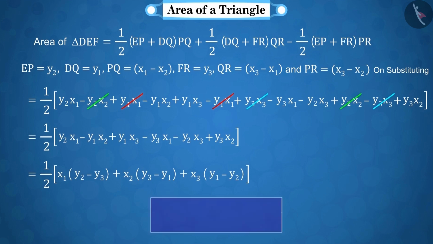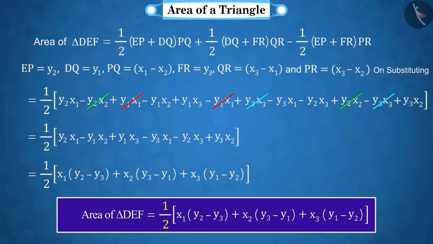On solving it, we get 1/2 multiplied by x1 multiplied by (y2 minus y3) plus x2 multiplied by (y3 minus y1) plus x3 multiplied by (y1 minus y2), which is the area of triangle DEF.